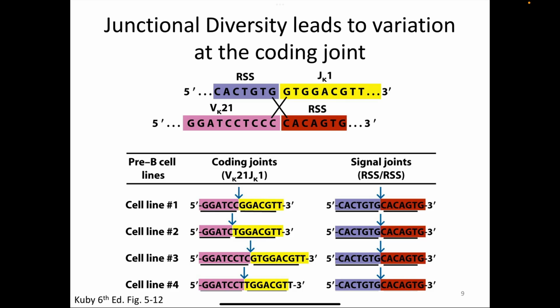And so the reason we have to go through this, even though you might wonder why I'm doing molecular genetics today, is because we wouldn't have junctional diversity, we wouldn't have all of these great diversity mechanisms, if we didn't have these processes for dealing with the hairpin.